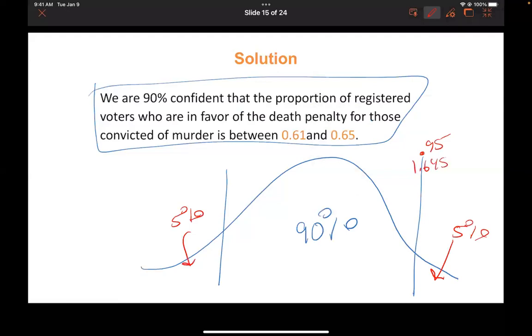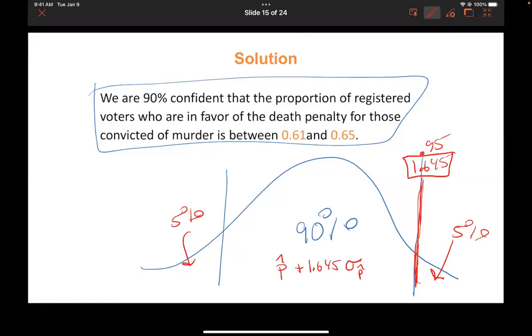That was my z-score. All right. So I took my p-hat, and I added this z-score times the standard deviation to get this right here. And that's where I got that value.